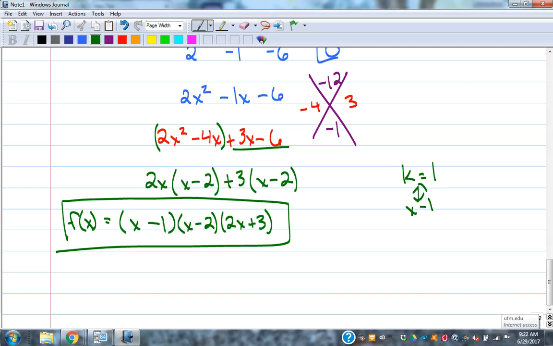So this is what we want to do. We want to take this idea and extend it into finding the zeros for a polynomial. Okay. So we're going to build on the factoring idea to find the zeros of the polynomial. And the great thing about it is if we've already got it factored, to find the zeros, all you got to do is set each factor equal to 0 and solve them.